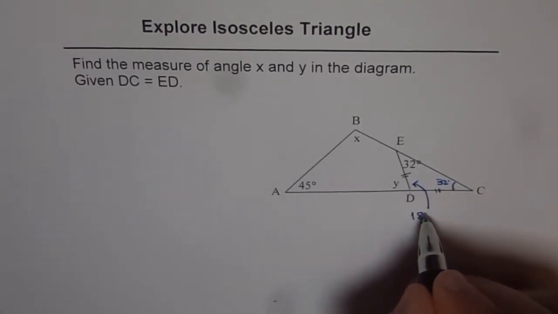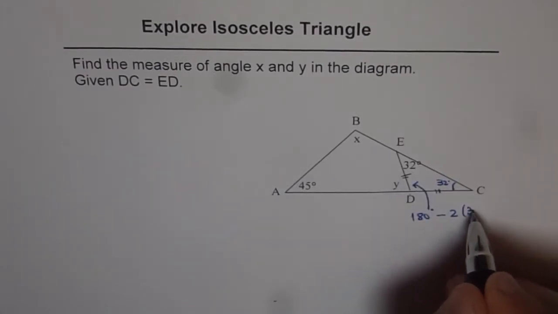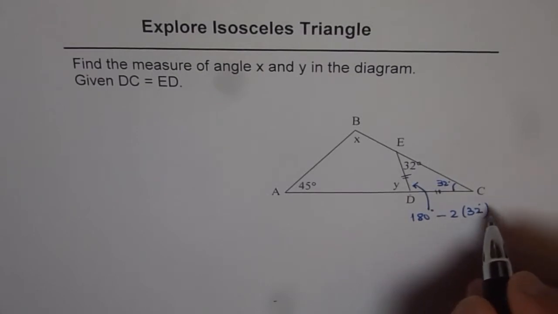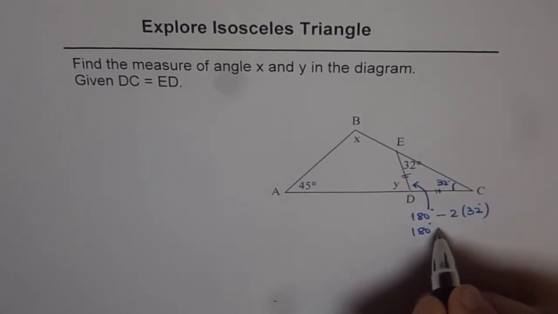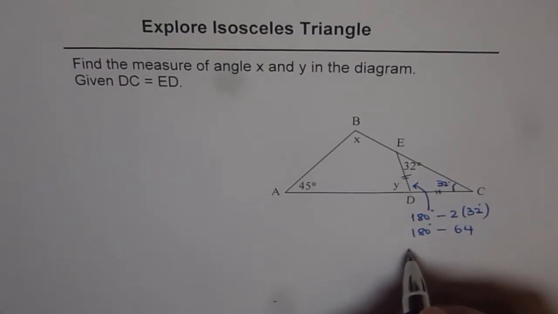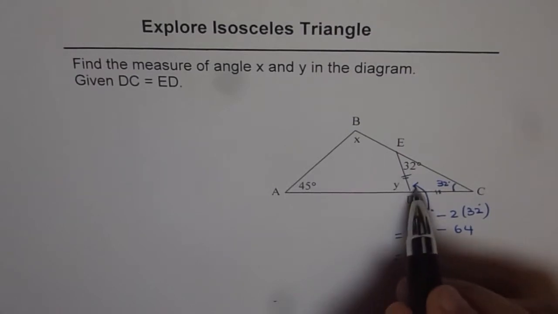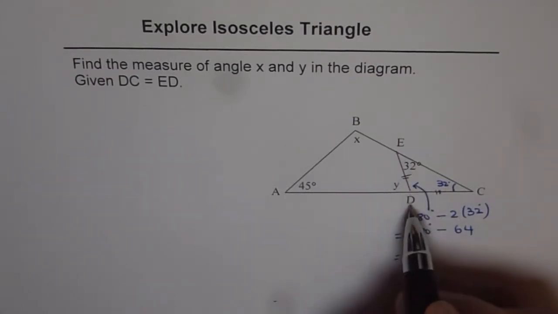It should be 180 degrees minus 2 times 32, correct? 2 times 32 is 64, so that is 180 degrees minus 64, right? That gives us the EDC angle.